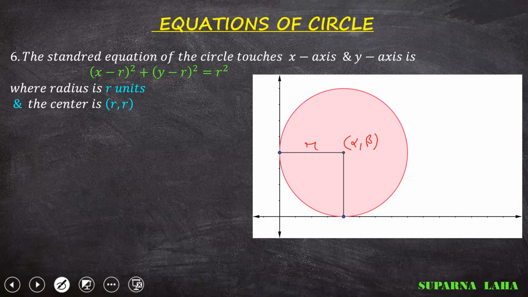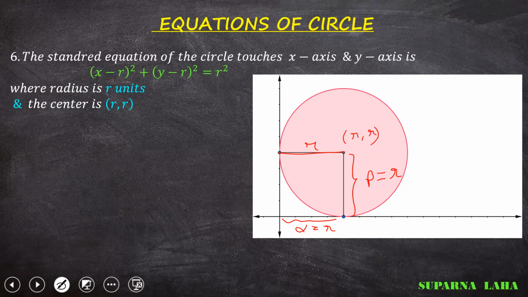Arbitrarily I am taking the point as alpha comma beta. Now alpha is this distance, which is equal to r. Again, this distance is beta, which is again the radius, so it is also equal to r. So in the place of alpha comma beta, we can easily replace it by r comma r.